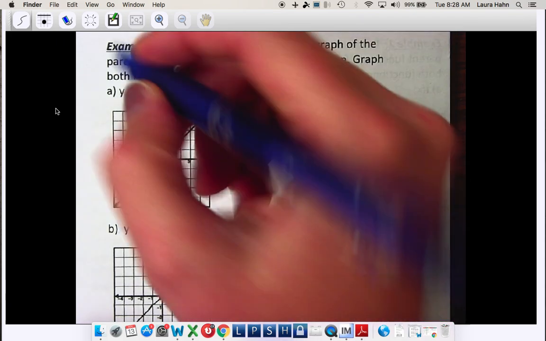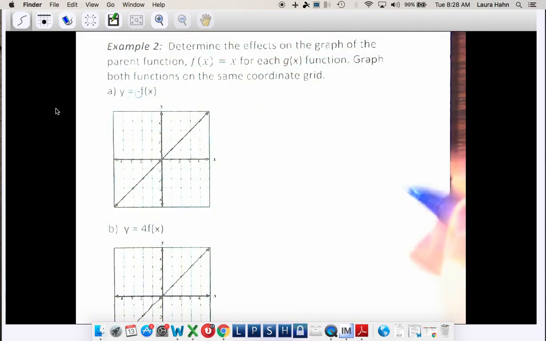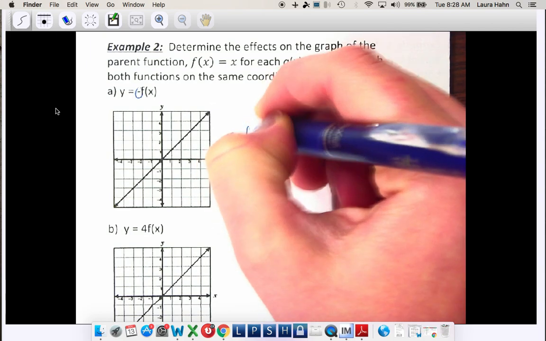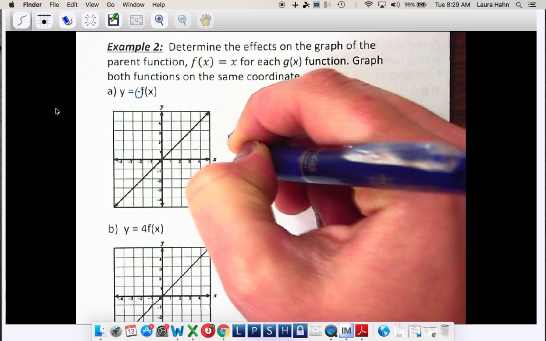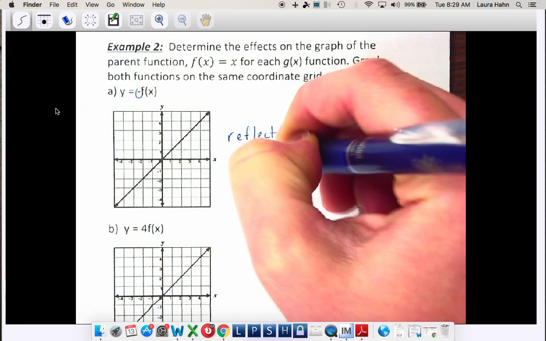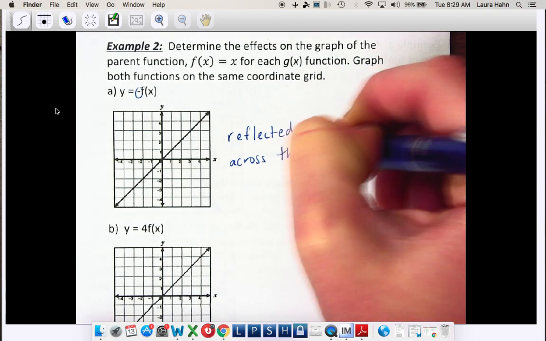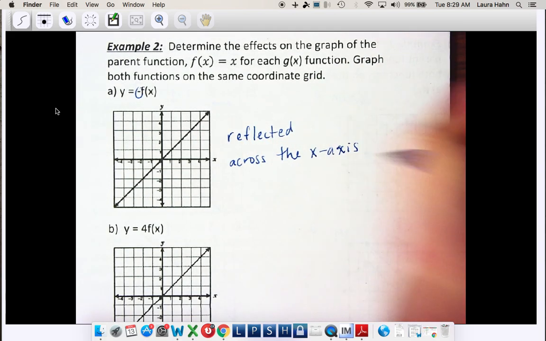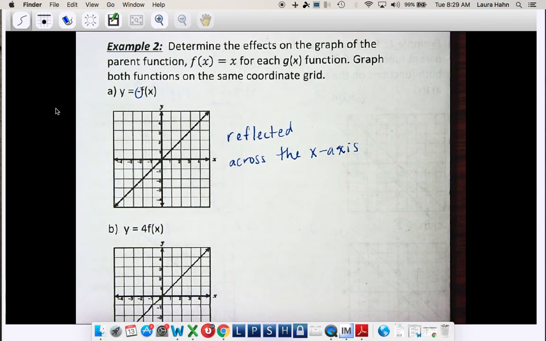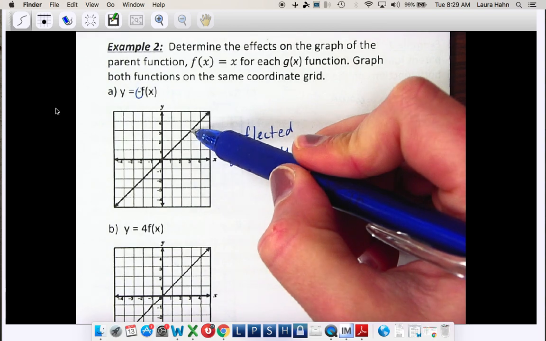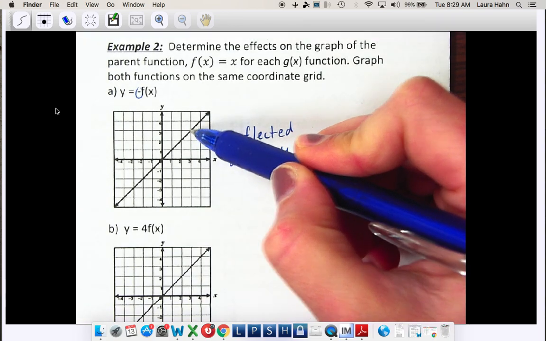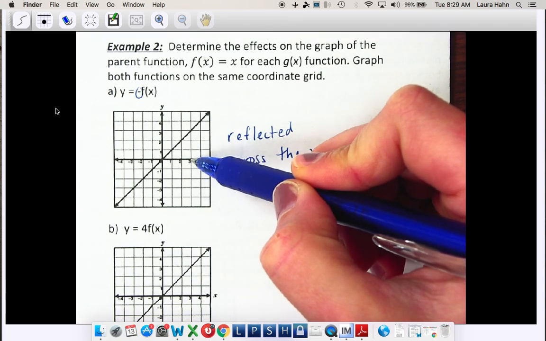Okay, so on A we have this negative out front, which means it's reflected across the x-axis. So I'm going to pick 3 points and I'm going to reflect it. I'm going to pick this point right here. Well, I know this point is 3 squares, 1, 2, 3, away from the x-axis.